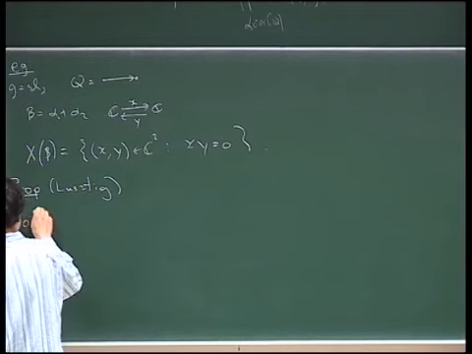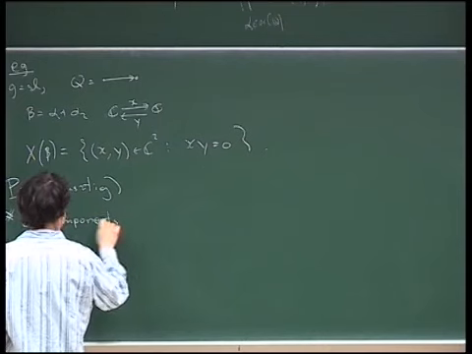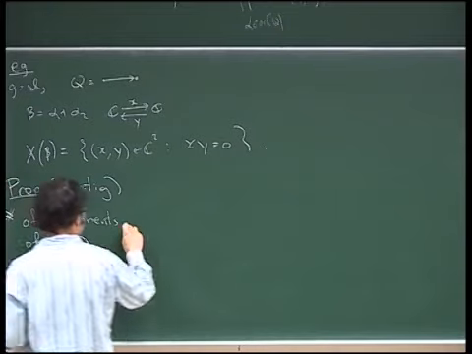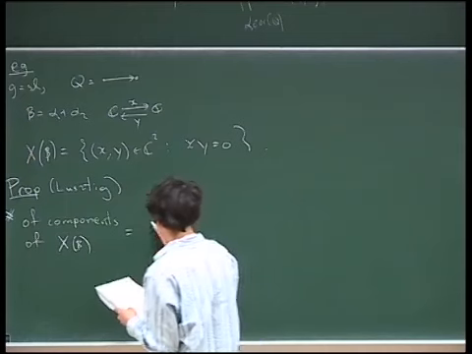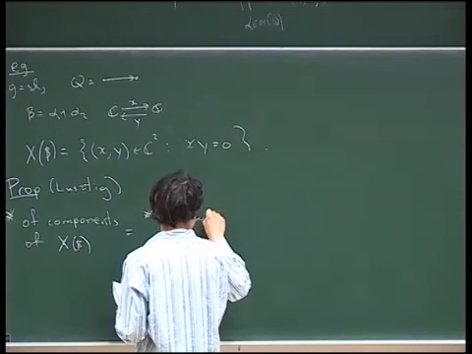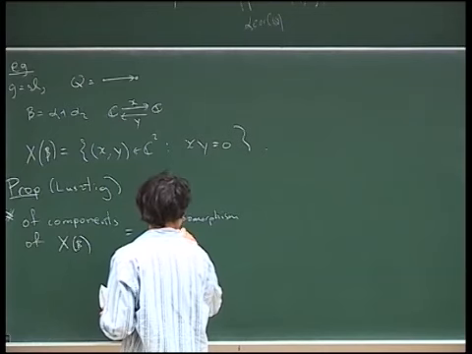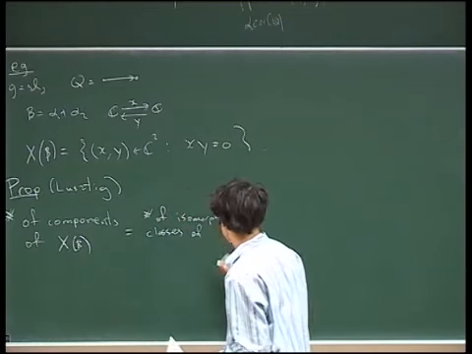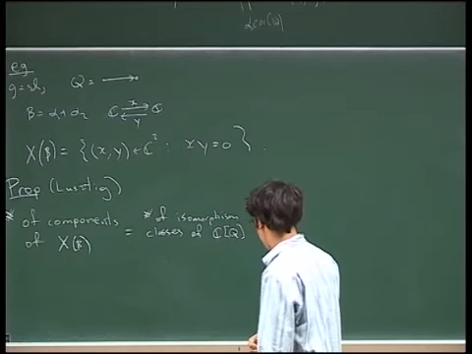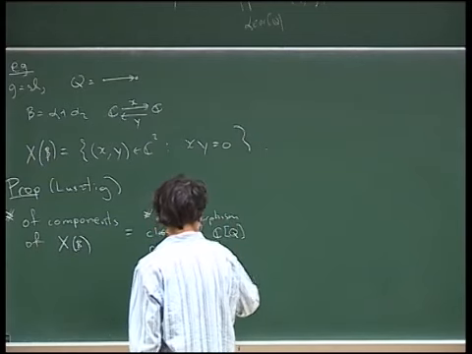Okay, so the number of irreducible components of the variety X of beta is the same as the number of isomorphism classes of modules for the path algebra of our original quiver of dimension beta.